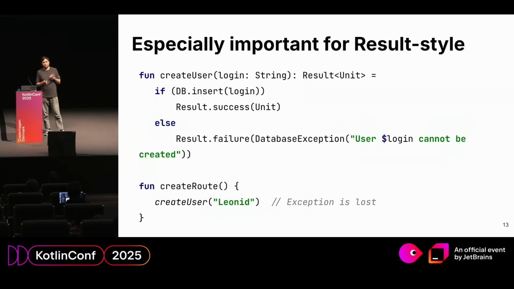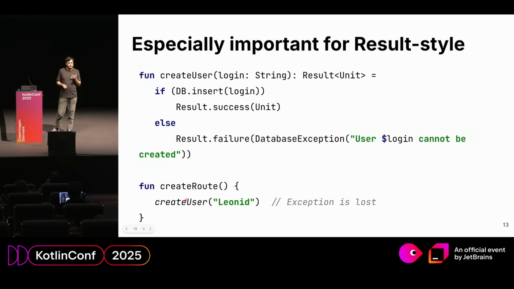Now, this is something you have to keep in mind, especially when you want to get away from exceptions to more result-style programming. Imagine you have a function that creates a user and returns a result. If the database insertion is successful, we return result success, and if not, we return result failure with some database exception.